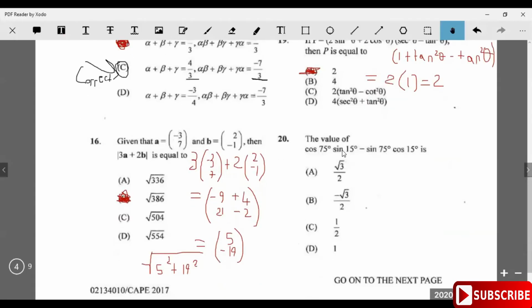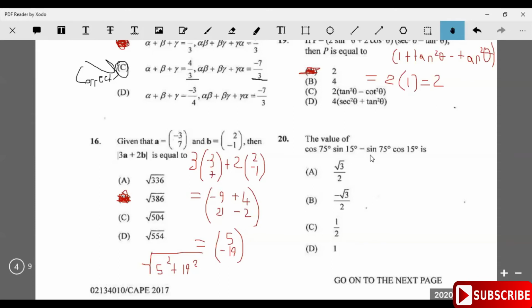Right. Question 20. There are two ways to do question 20. First and foremost, I can just put this in a calculator. You don't need to work it out. So put in a calculator cosine 75 times the sine of 15. Just make sure you bracket it.